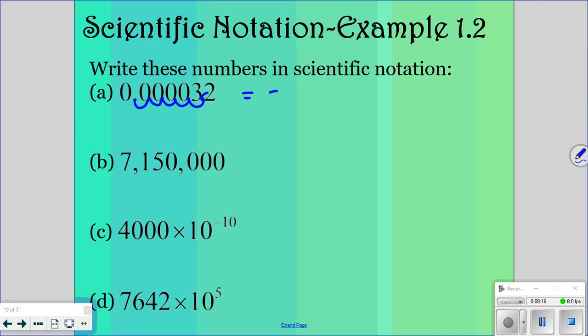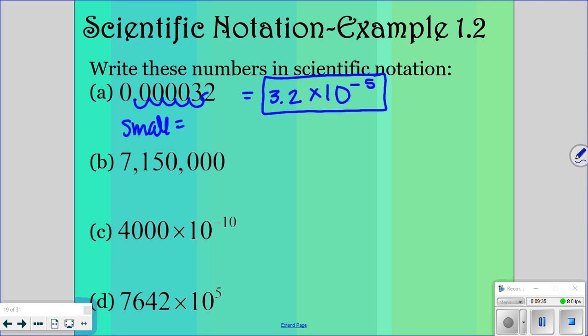So that's going to give us 3.2 times 10. Now is it going to be a positive 5 or a negative 5? Hopefully you just said a negative 5. And it is negative because that's a really, really small number that we're starting with. Anytime you have a small number, that means negative.